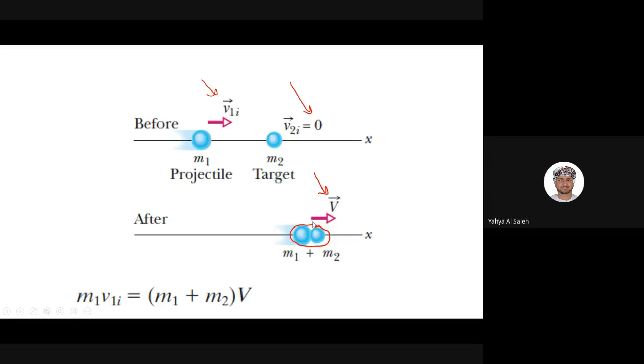Okay, so to write it in full form, we had m1 v1 plus m2 v2 equals both of them together, m1 plus m2 v final. Now, because our v2 initial is 0, this goes to 0.